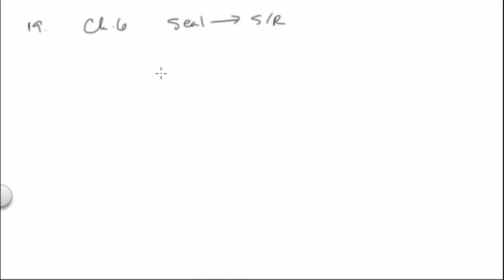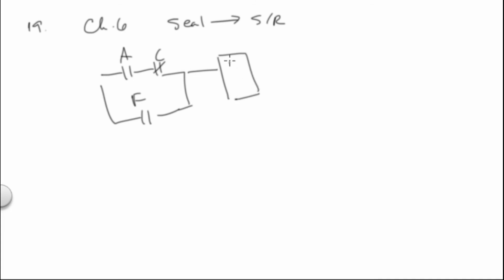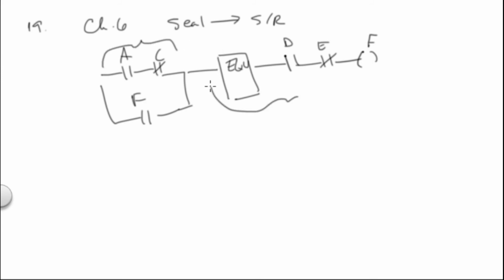So you look at the feedback portion of that circuit, and here's the circuit A, not C. Here's my feedback, F. Now here is something new, equals. This is the equal statement. And then this is D and not E. Give me output F. Where's the start part of the circuit? Right here's the start part, right? Where's the stop part? Right here's the stop part.